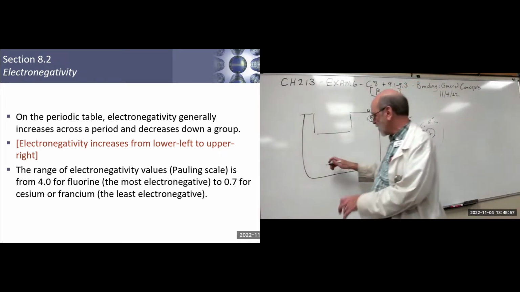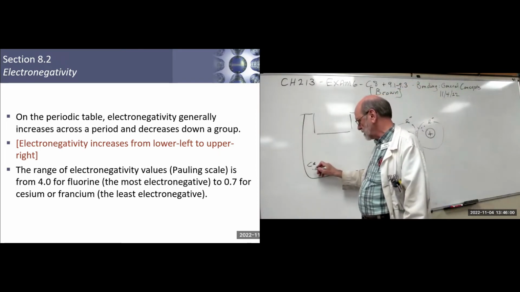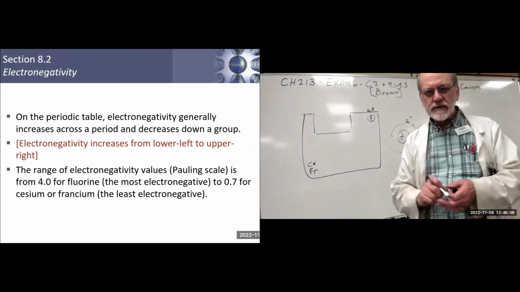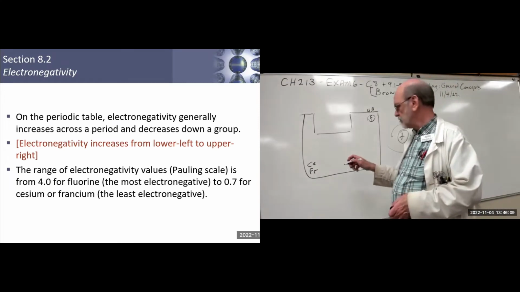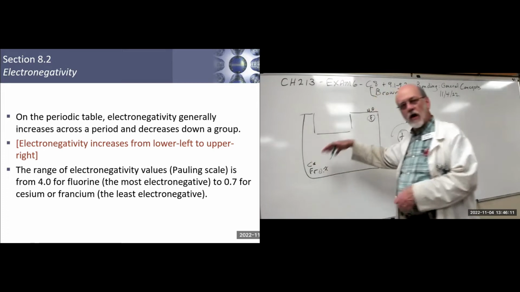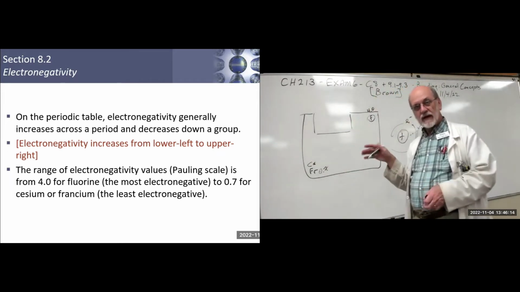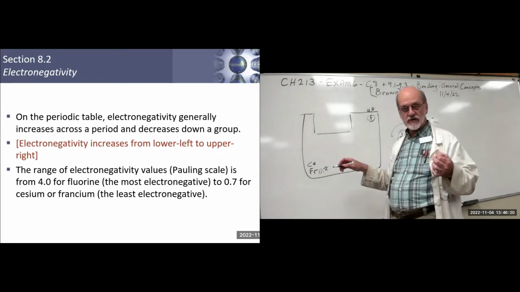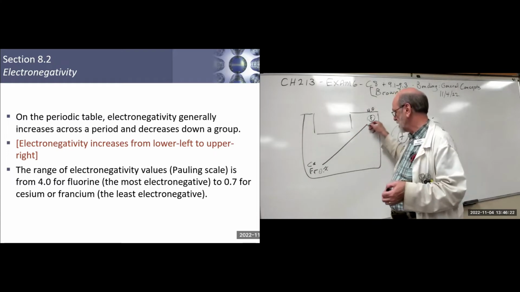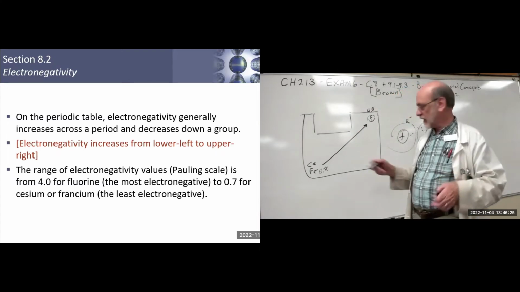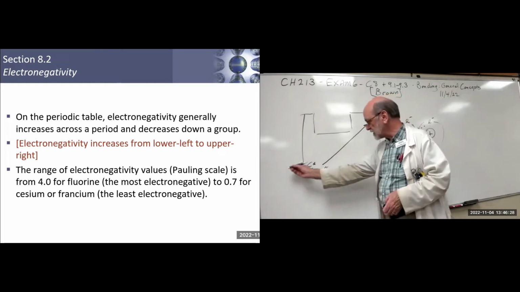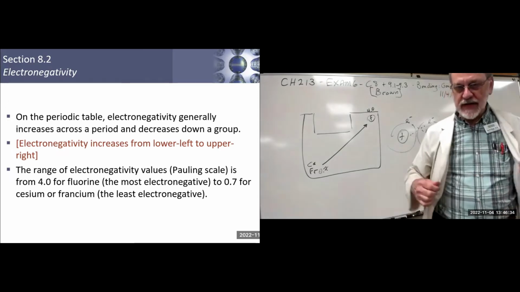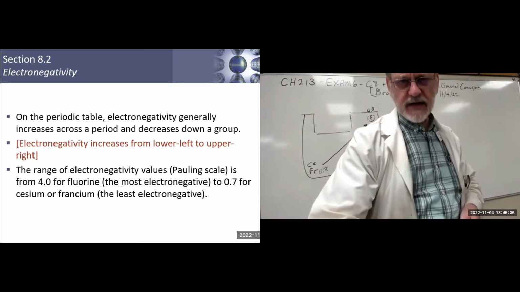And down in the lower left-hand corner, cesium or francium, I think that's right, is 0.7. So all the rest of them occur between there. And you'll also notice that the trend in the periodic table is just like ionization energies. Lower left to upper right is increasing. So that means it increases this way and it increases that way. And for similar reasons to the ionization energy. I think we've got a slide on it here in a second.